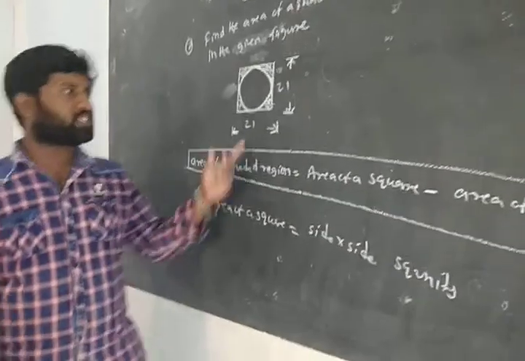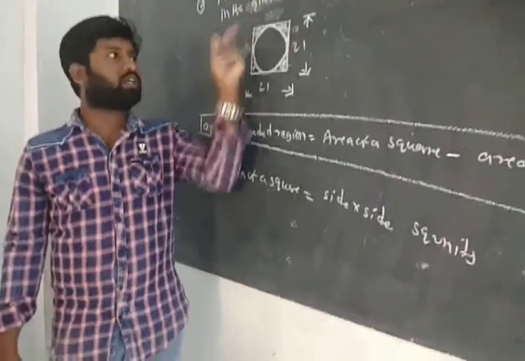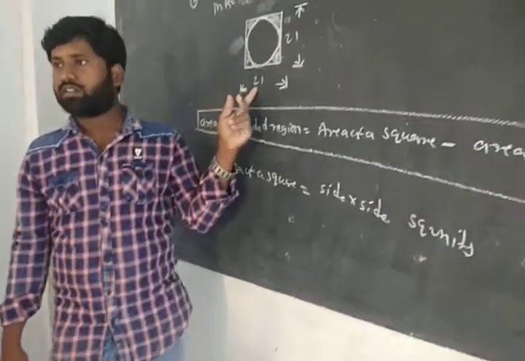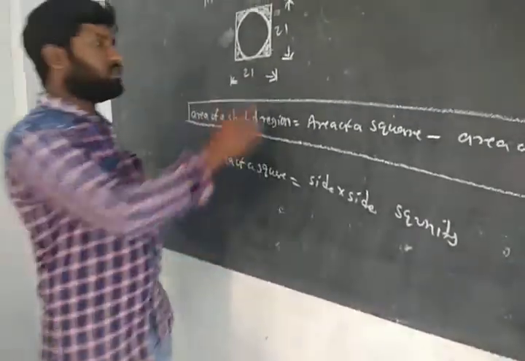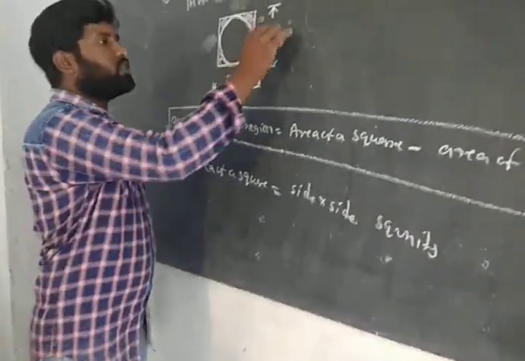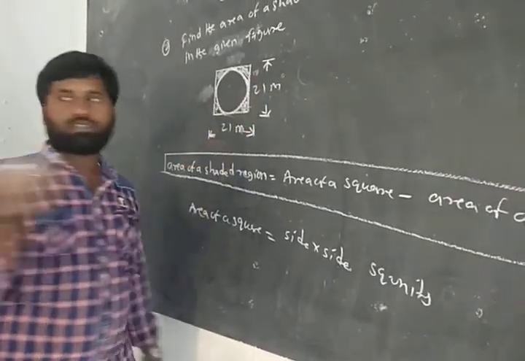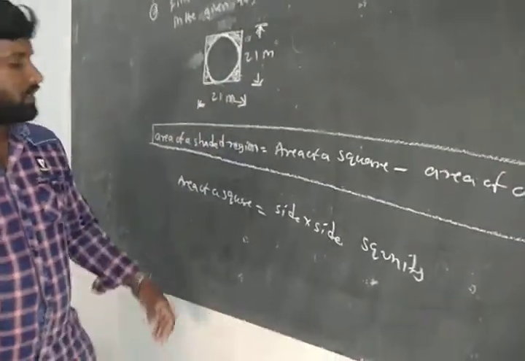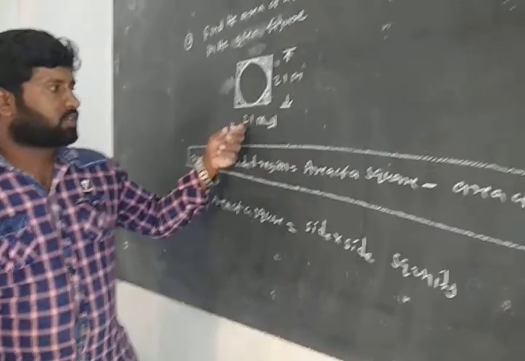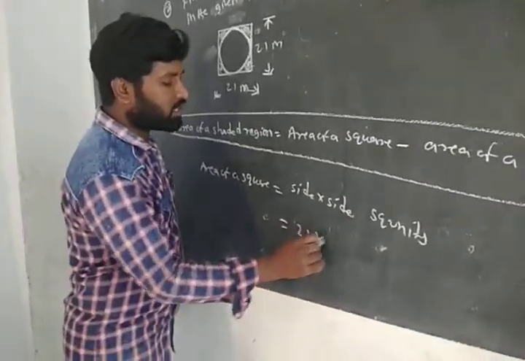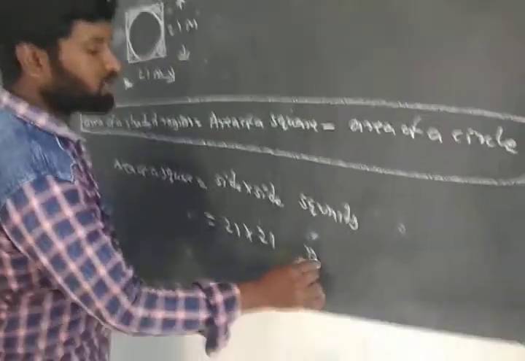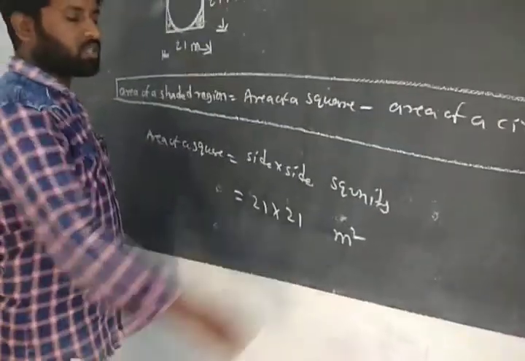What is the given side here? A square with side 21 centimeters. Or you can take meters; meters means meters, centimeters means centimeters. So the side of the square is 21 centimeters. Then its area is 21 into 21. Units are meters, that's why square meters.